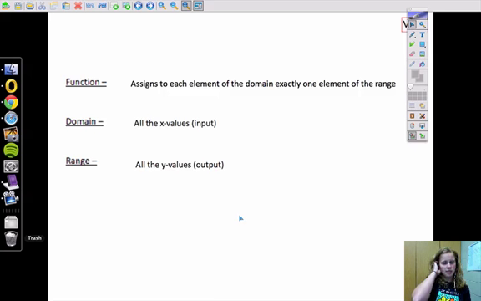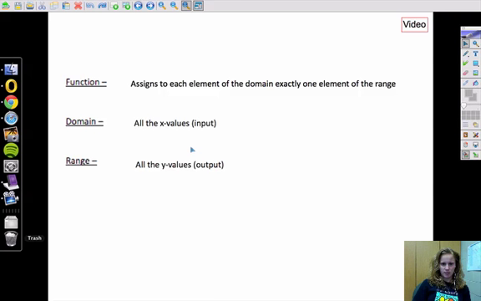A function assigns to each element of the domain exactly one element of the range. Okay, and that's kind of just a fancy way to say that each x has exactly one y. If you see here, the domain is all the x values, or the inputs, like you might have called them before. The range is all the y values, or the outputs.